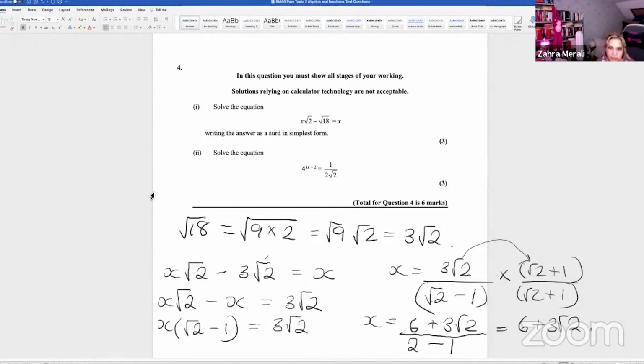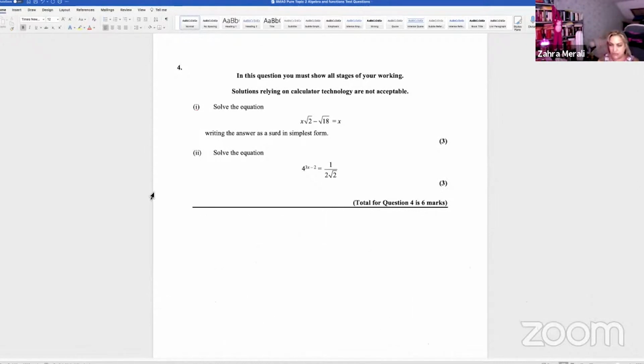Right, solve the equation. Okay, it's only 3 marks. If you find yourself going in circles with something like this, you've probably not done it right, so I need to have a look again. So what I'm going to do is write everything as a power of 2.